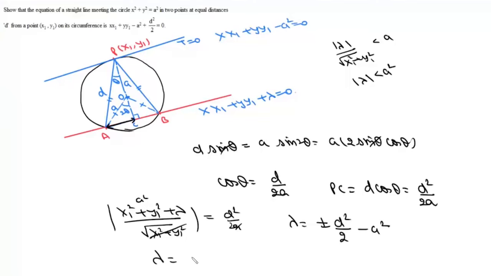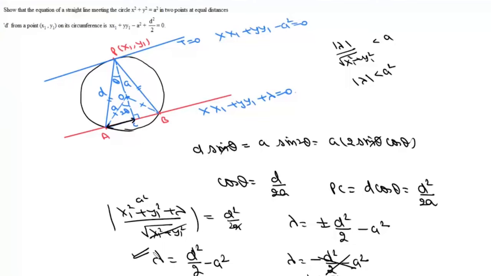So either the value of lambda is d²/2 − a², or it is −d²/2 − a². Now in this case, mod of lambda won't be less than a². So we are going to discard this case.